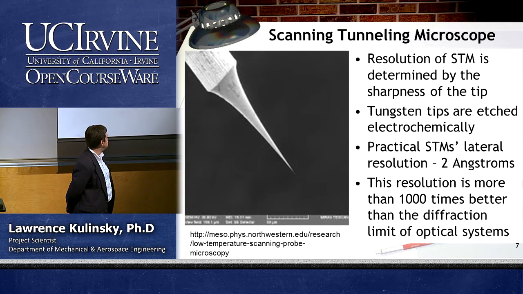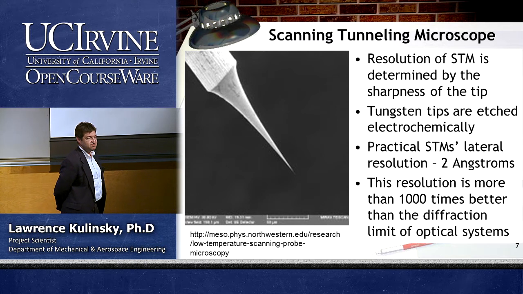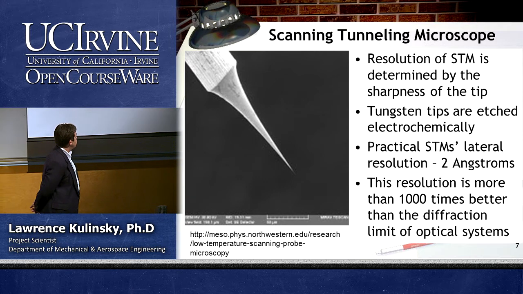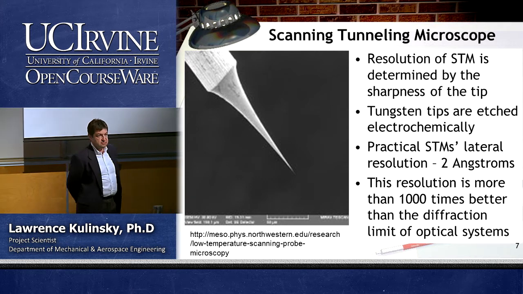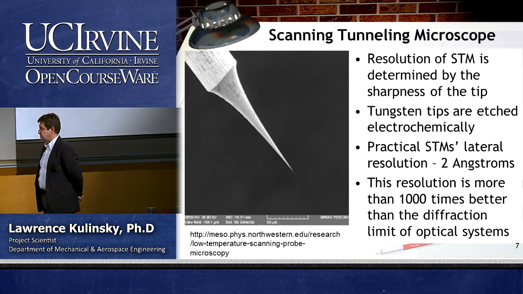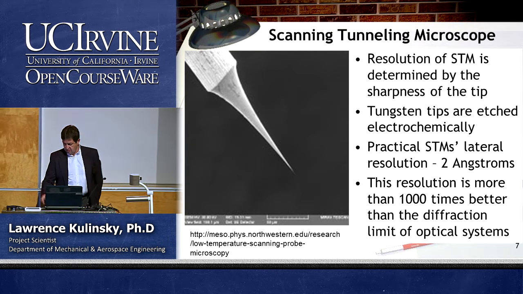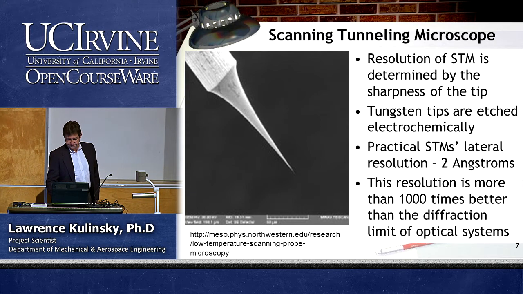This is really nice. It changed somebody's perception. You can actually see atoms. It's not just a concept anymore. And resolution is more than 1,000 times better than any optical systems.